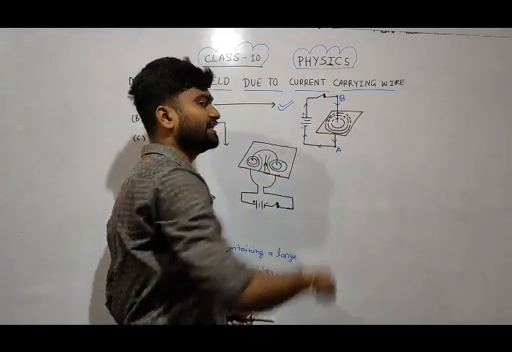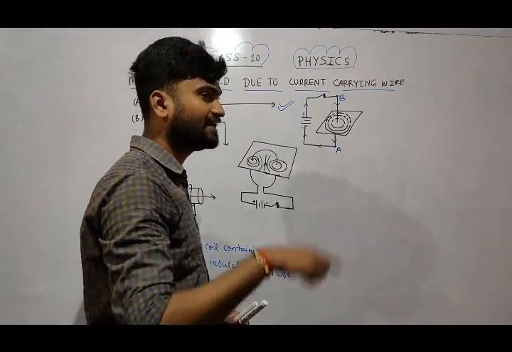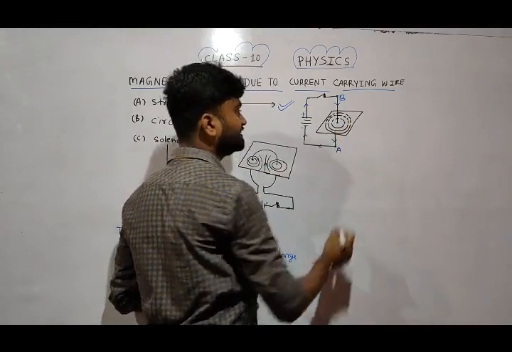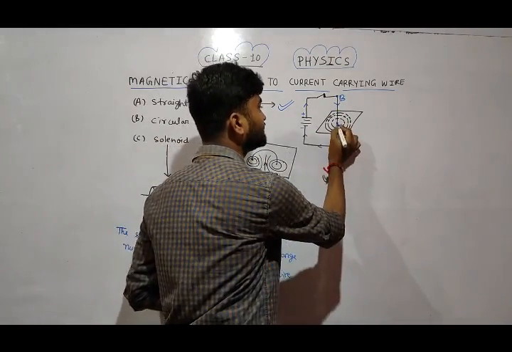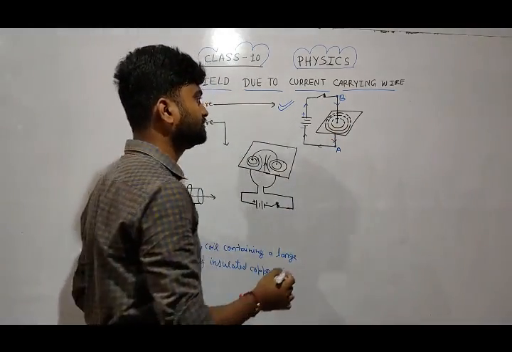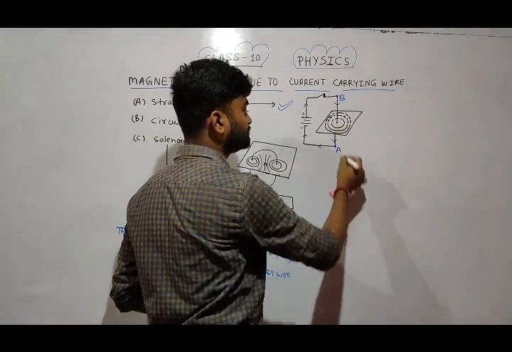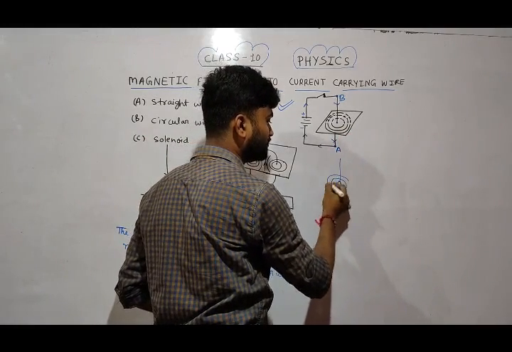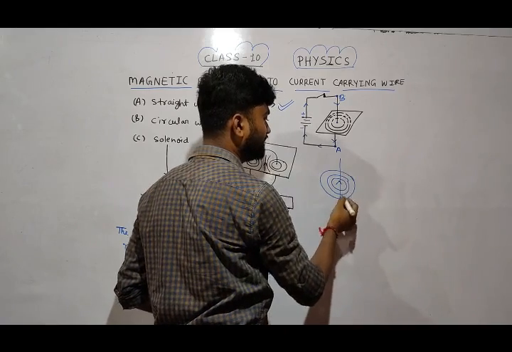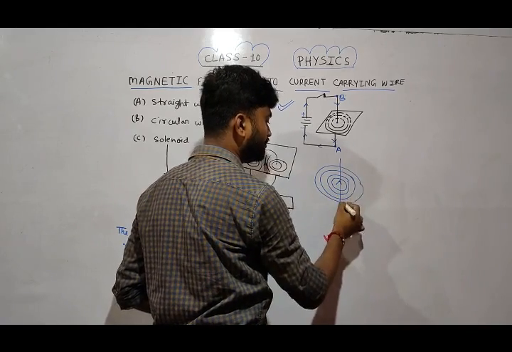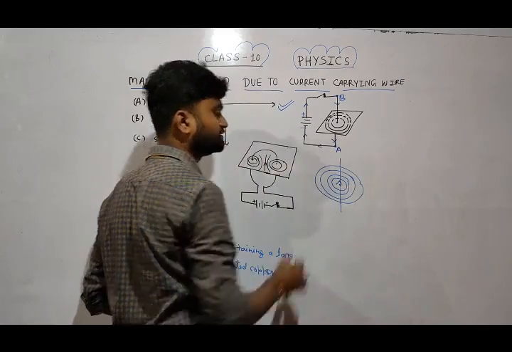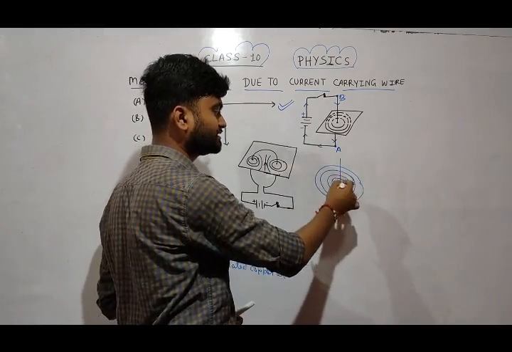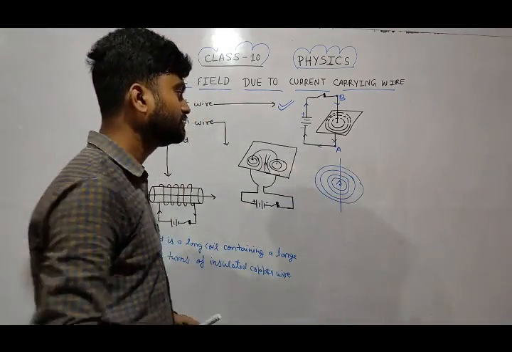The center of circular magnetic field lines is at the wire. So a straight wire has circular line of forces surrounding it, and the center of the line of forces is at the wire. It looks like concentric circles having different radius and the same center.